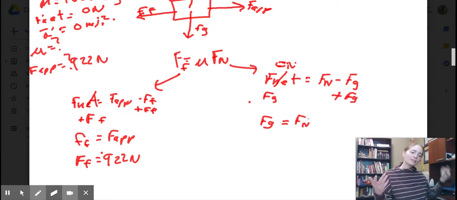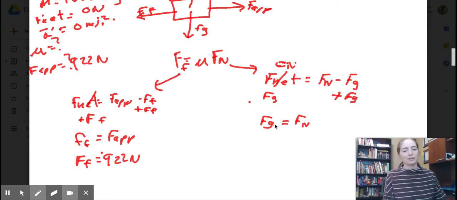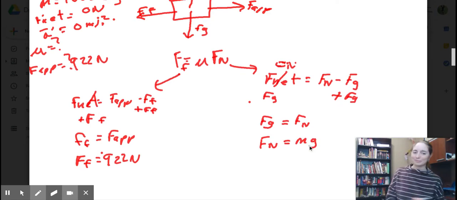Well, guess what, ladies and gentlemen? We have the mass. We also have an equation that is going to help us with our Fg. Well, Fg is equal to mg, so I am going to replace that Fg with an mg.